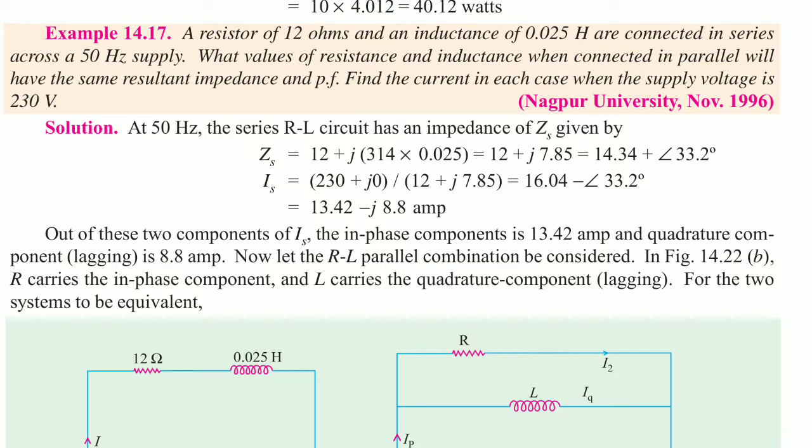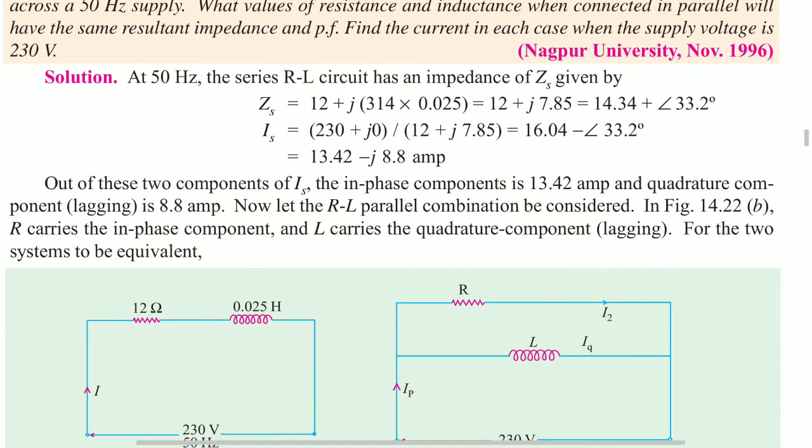What values of resistance and inductance, when connected in parallel, will have the same resultant impedance and power factor?